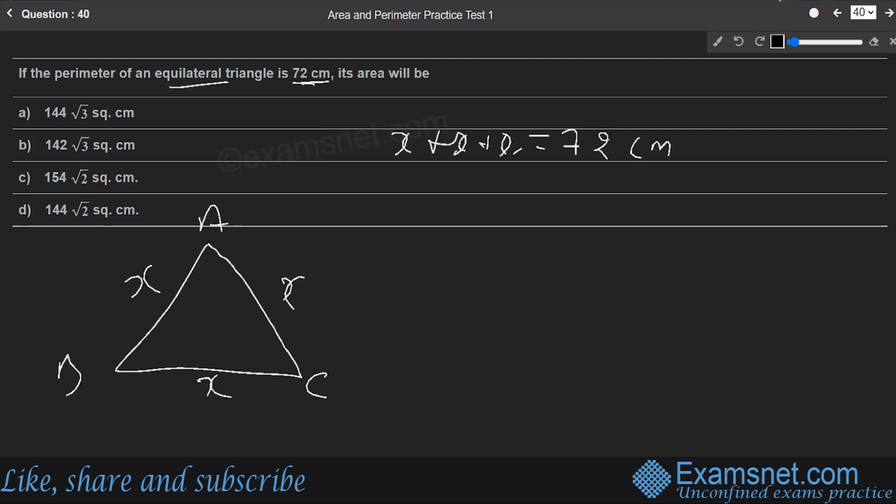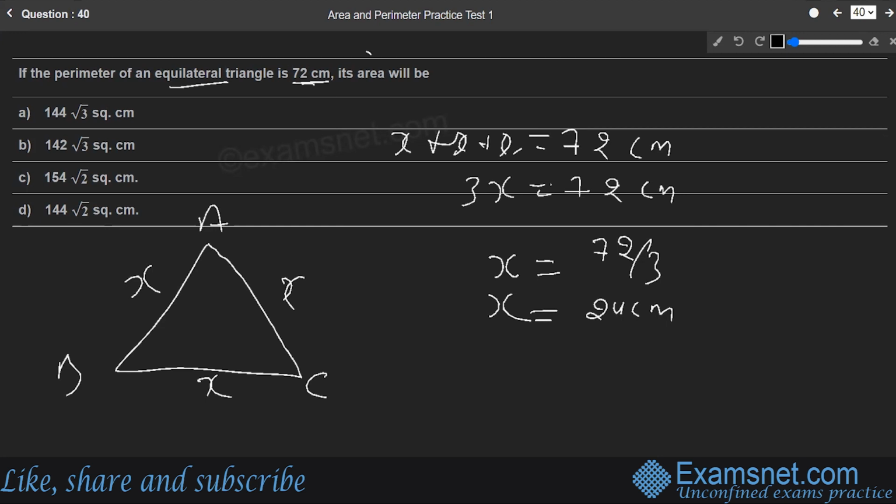The perimeter is nothing but the sum of the sides of the triangle. So 3x is equal to 72 centimeter, from where we find the side length x equal to 72 by 3, which is 24 centimeter. So each side is 24 centimeter long.